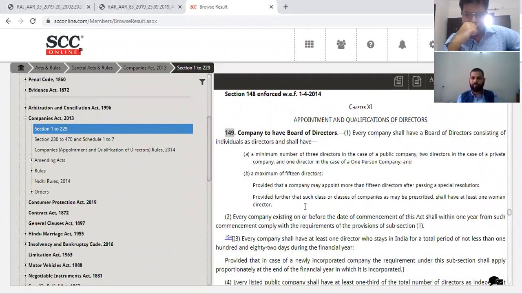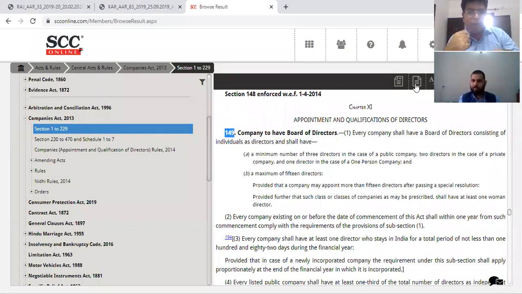Yes, please. If we read section 149, the heading of the provision is company to have board of directors. Subsection 1 reads, every company, all sorts of companies, shall mandatorily have a board of directors consisting of individuals as directors.